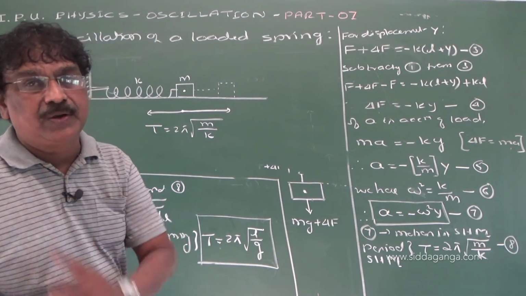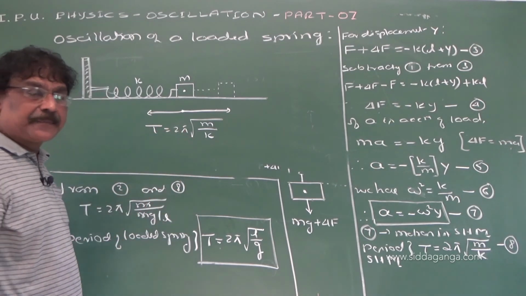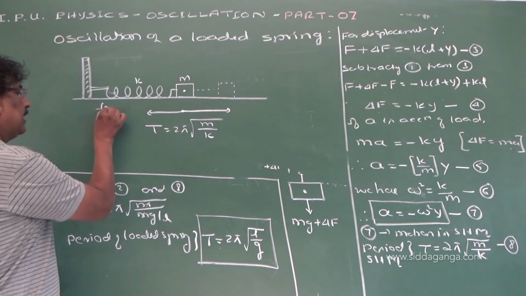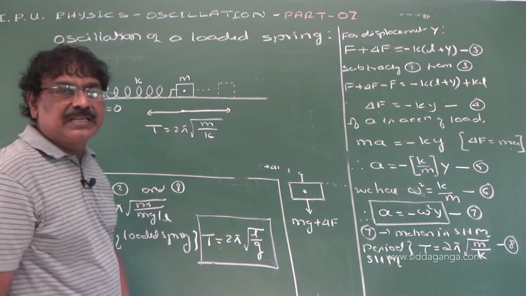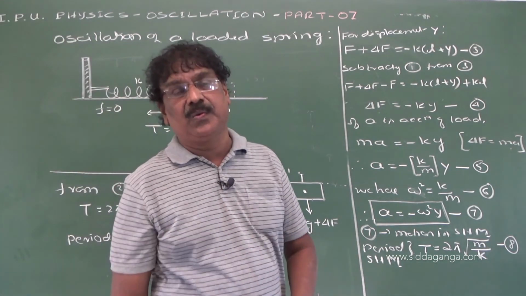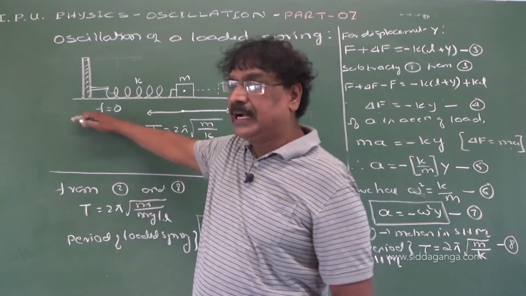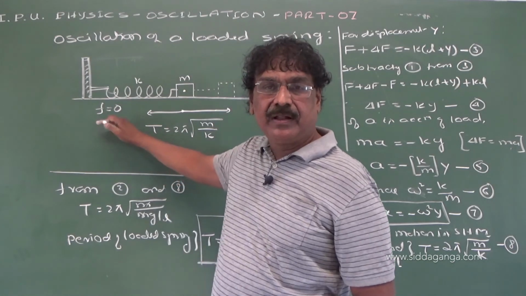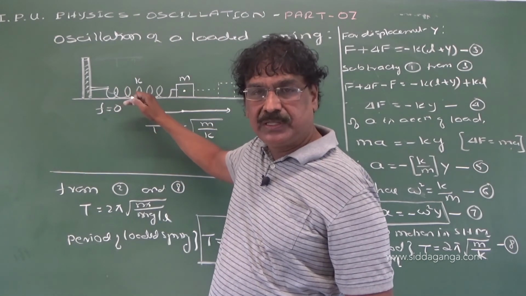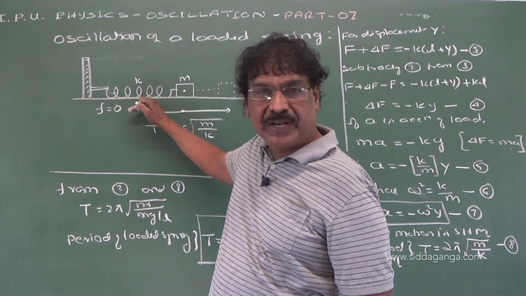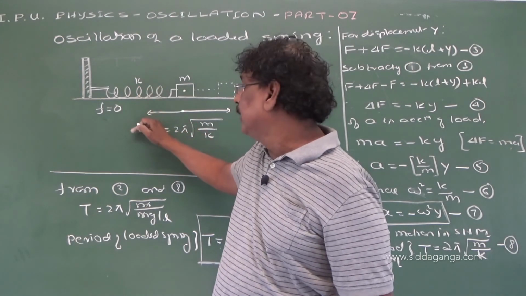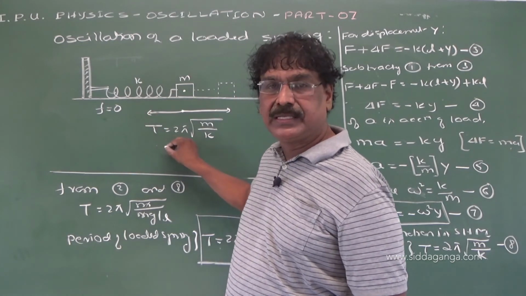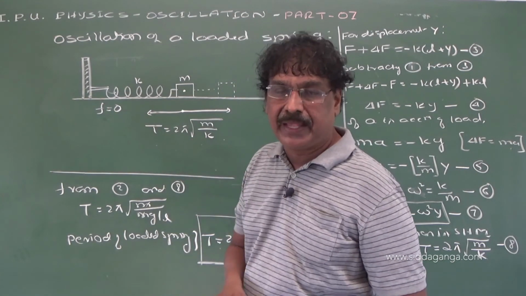And one thing to be noted here: the horizontal surface is such that the frictional force F is equal to 0, so there is no friction. The horizontal surface is a smooth surface offering no friction between the spring and the surface. Then this equation holds good. T is equal to 2 pi into square root of M by K.